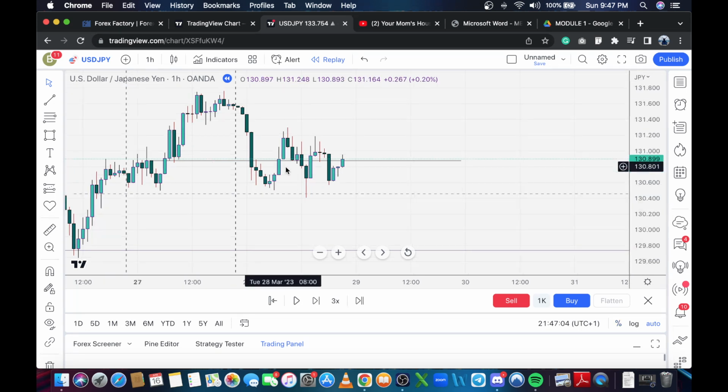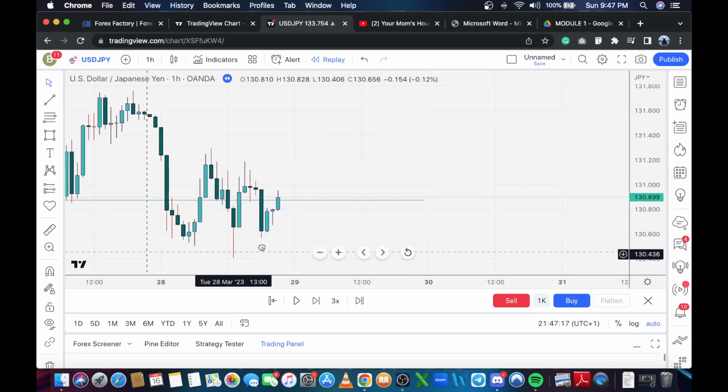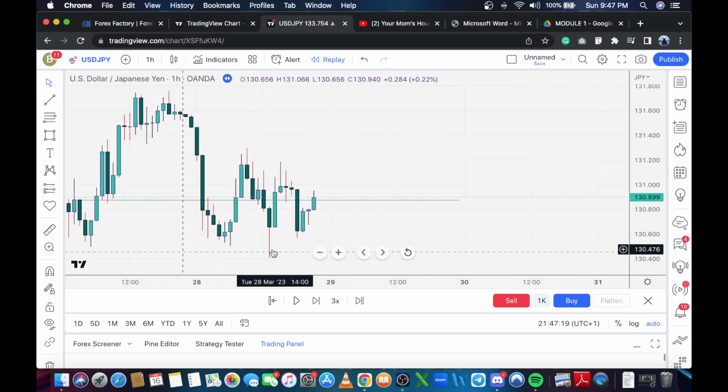So we know that this run lower is simply a run on stops, and it does not necessarily invalidate the order block. Now, as we've seen price run lower below the order block, once it trades back above the order block during an active session.